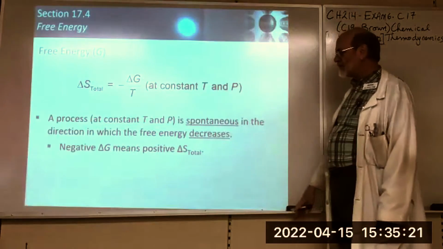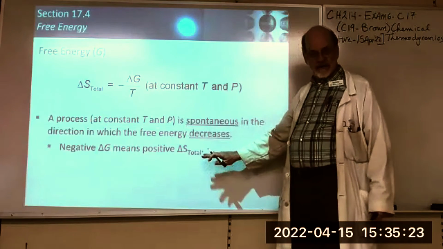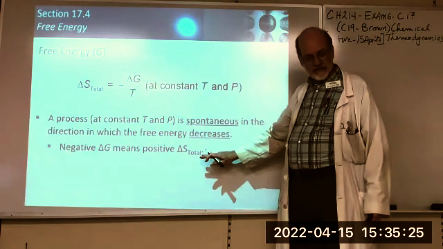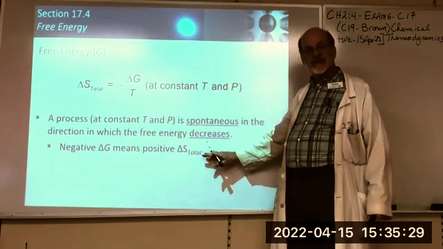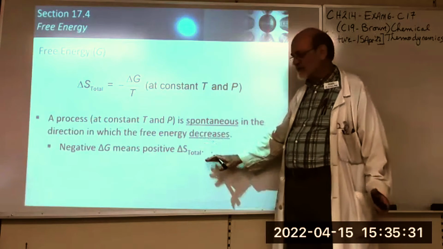So negative delta G means spontaneous, just like positive delta S means spontaneous.